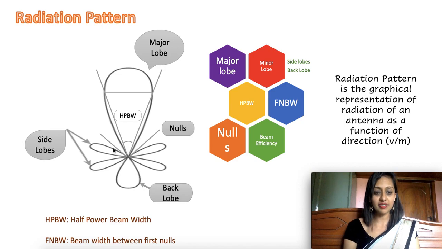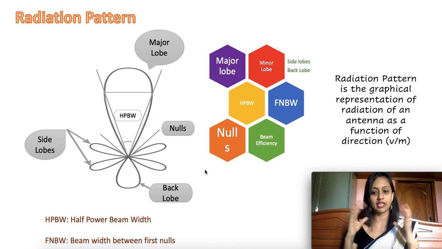And these are my first nulls. This is my maximum radiation pattern or major beam. The angle made between the first nulls is called the beam width between first nulls. So anywhere wherein information is not being obtained is called nulls.